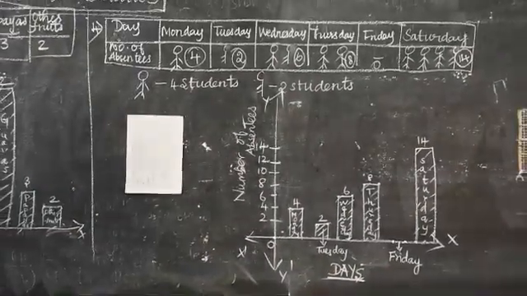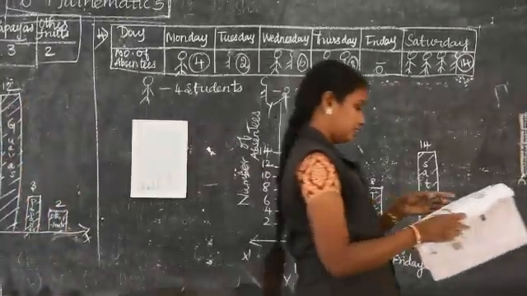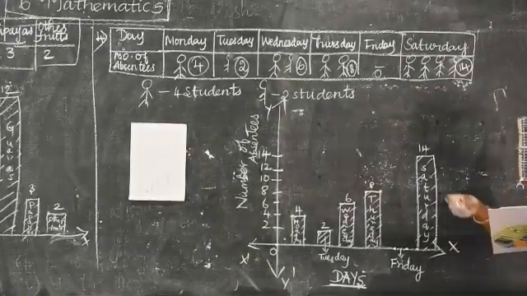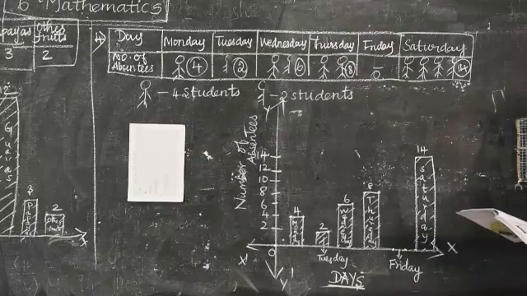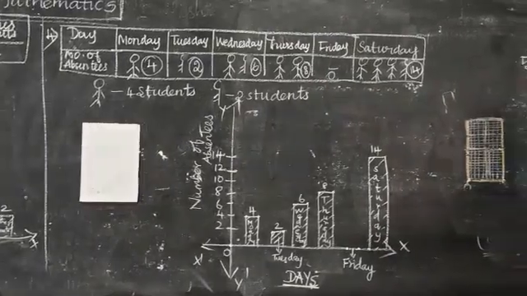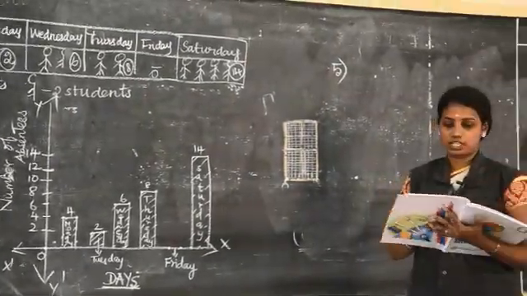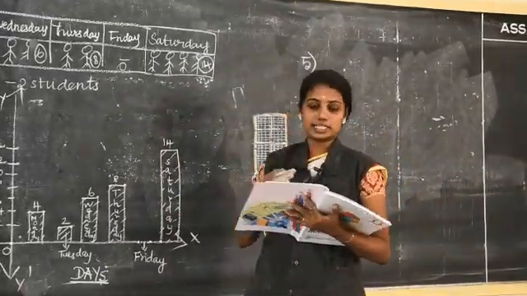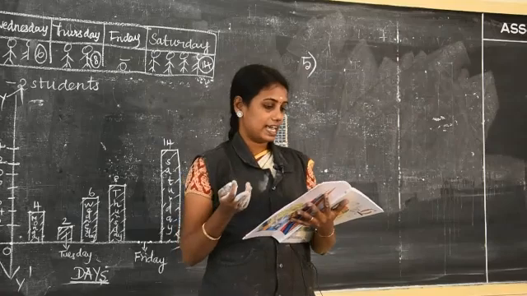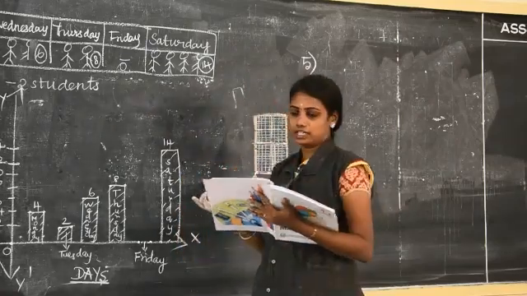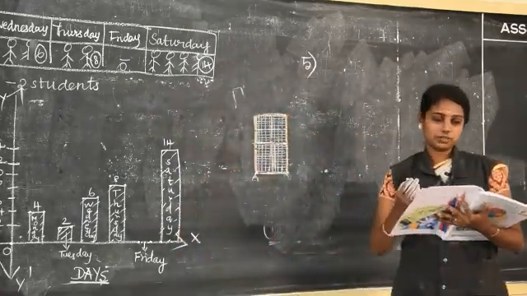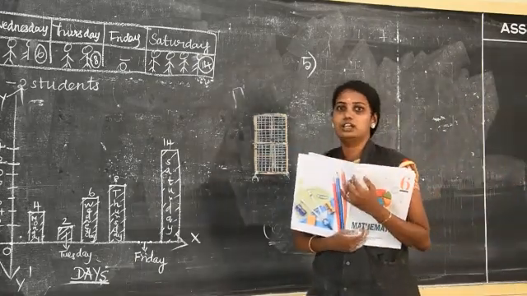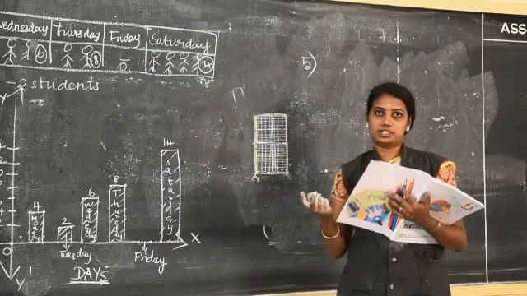Now the next question. We only had 3 problems on bar graphs, question number 2, 3, 4. Now question number 5. A bar graph can be drawn using horizontal bars only, vertical bars only, or both horizontal bars or vertical bars. Question number 5 is the subjective type.